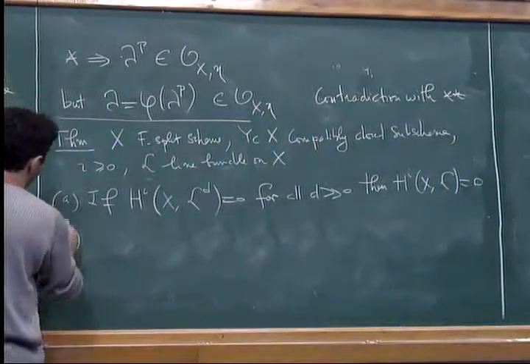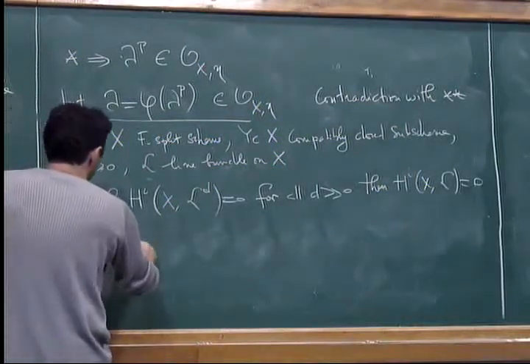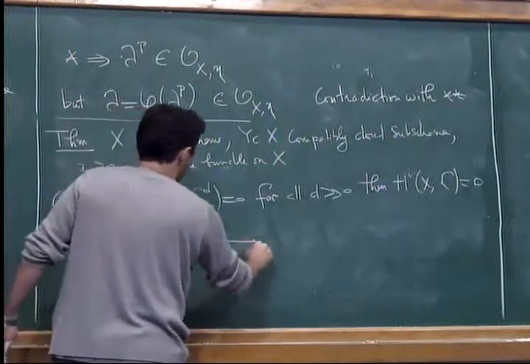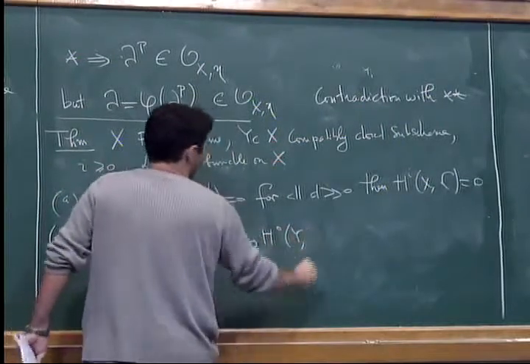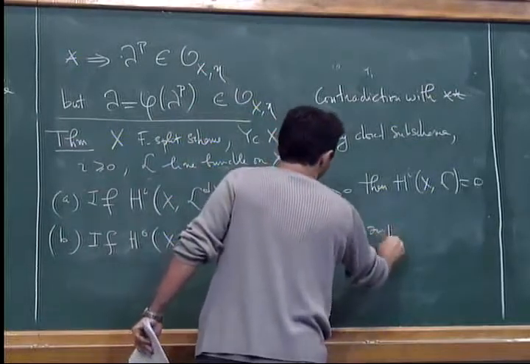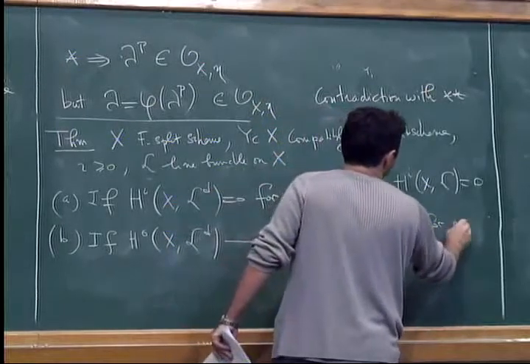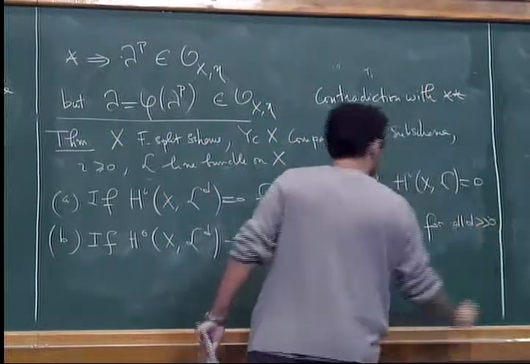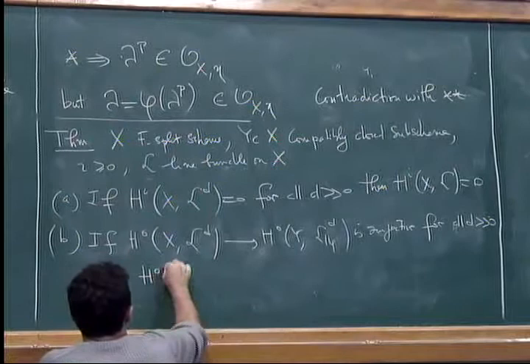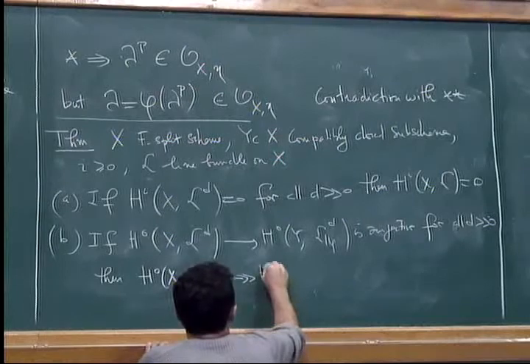B, exactly the same argument. If the natural map from H^0 of X, L to the power D to H^0 of Y, L restricted to Y to the power D is surjective for all D big enough, then the same is true for all D. That is, H^0 of X, L is onto.